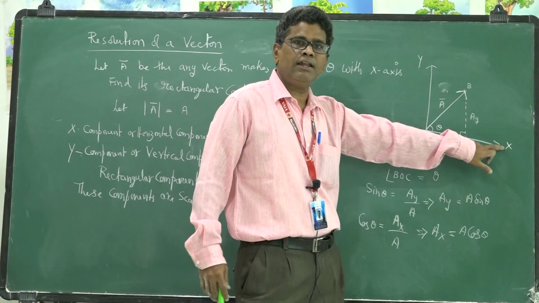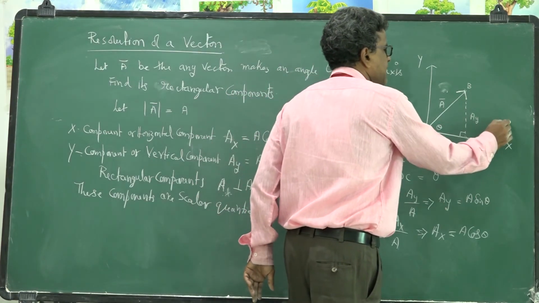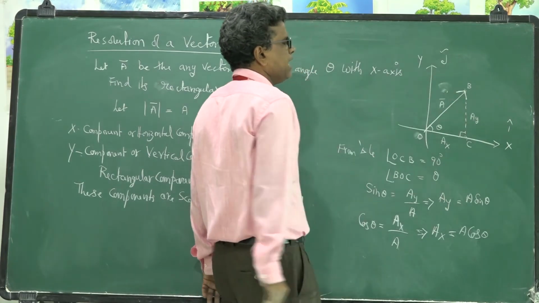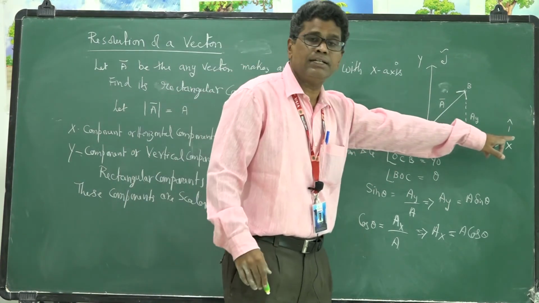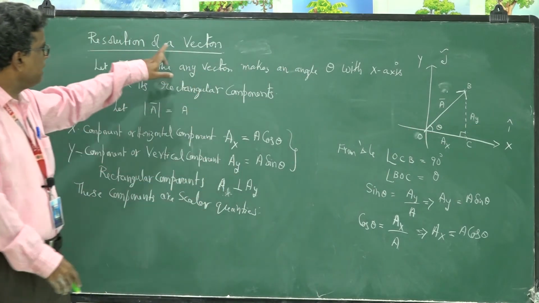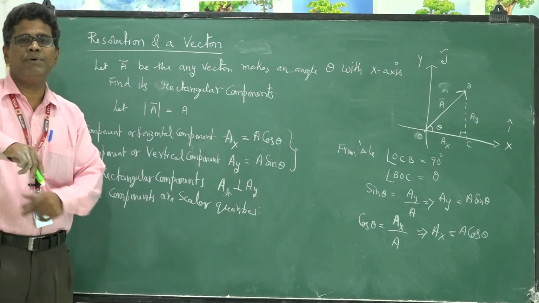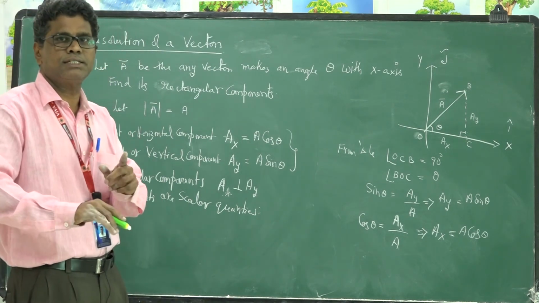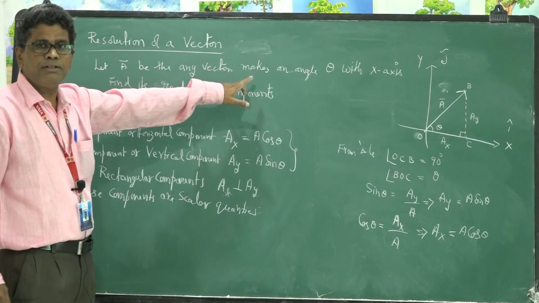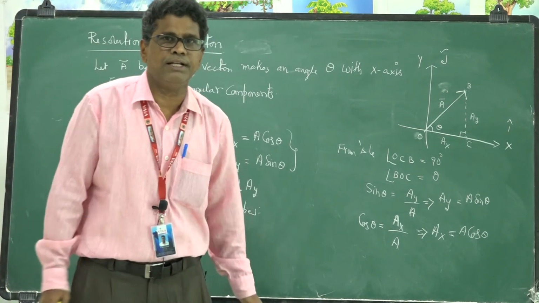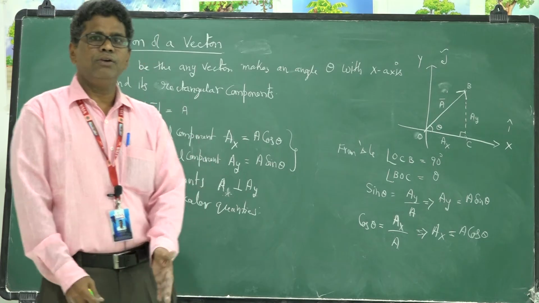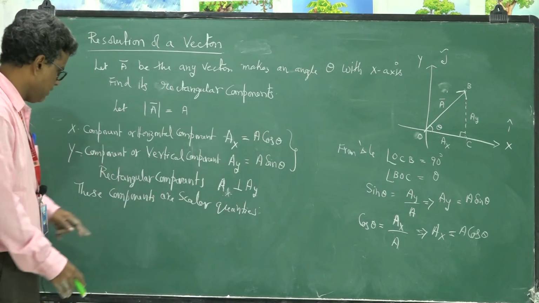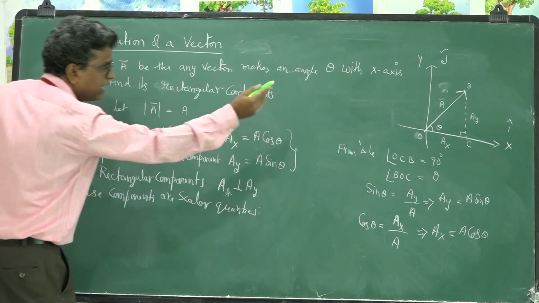What is the unit vector along the x axis? I cap. Along the y axis? J cap. Here the vector is given and we resolve it into components. In reverse, if you know the components, you can find the vector.